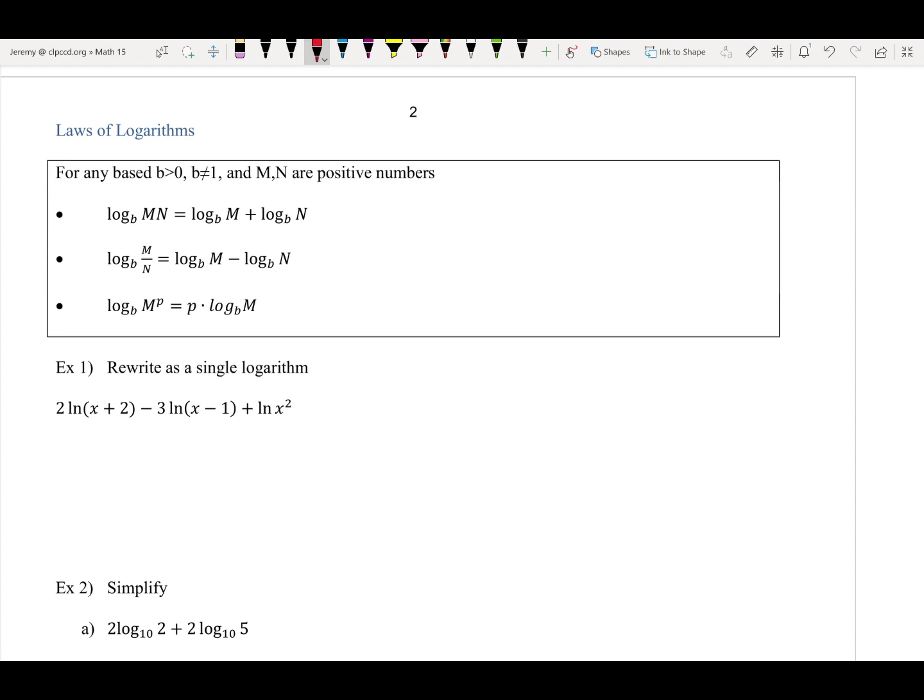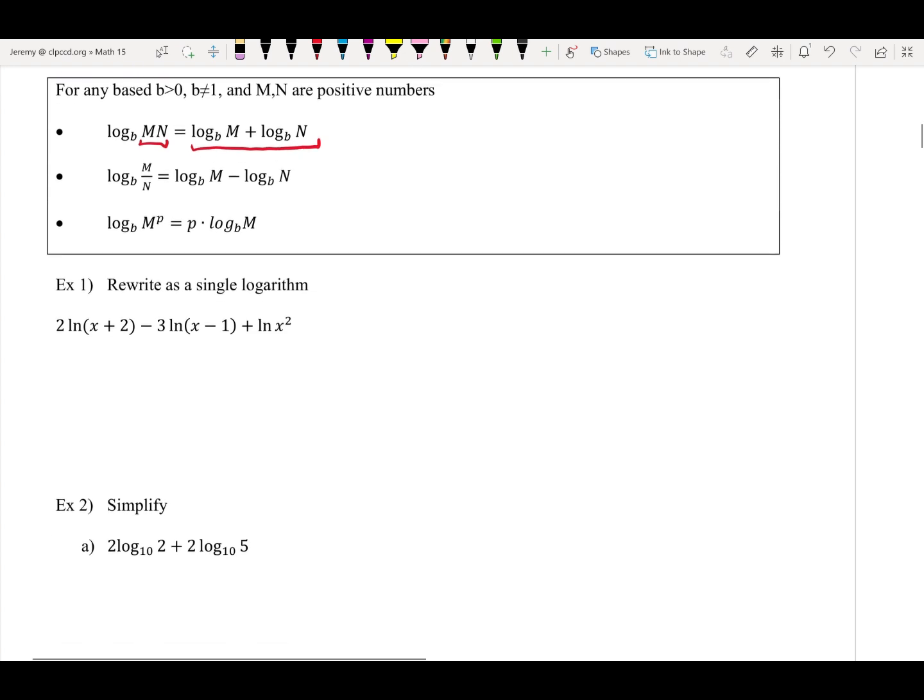So in other words, if we have a product inside of a logarithm like this, we can split this into 2 separate logarithms with the same base and a plus sign in the middle. Okay, so multiplication on the inside becomes addition on the outside. Similarly, if we have division on the inside of a logarithm, so log base b of m over n, this is the same as log base b of m minus log base b of n.